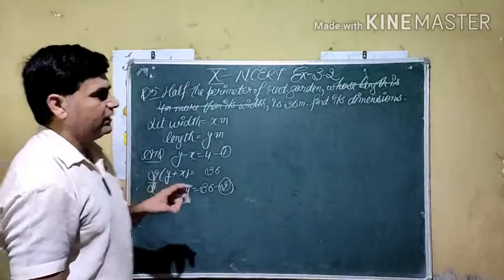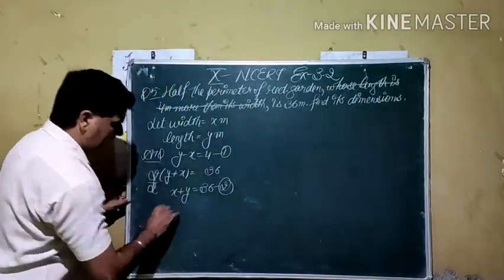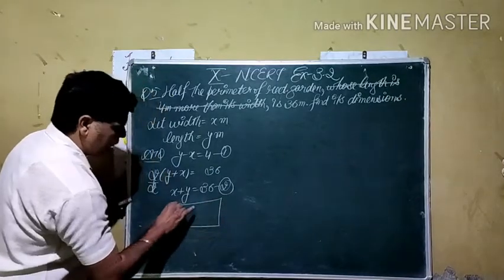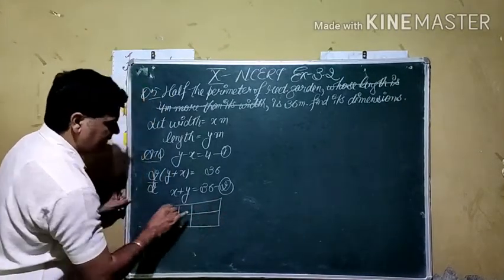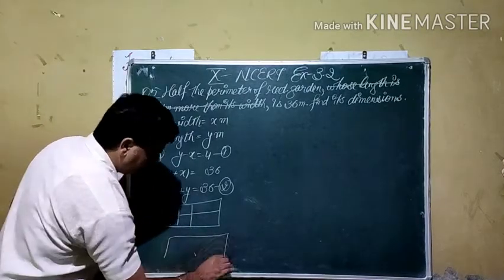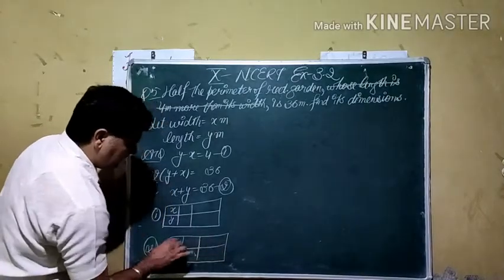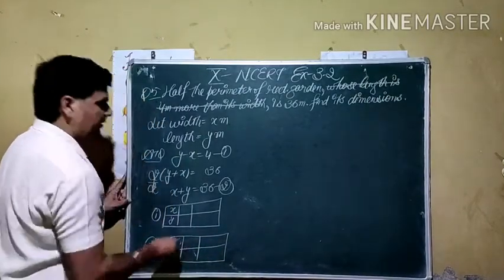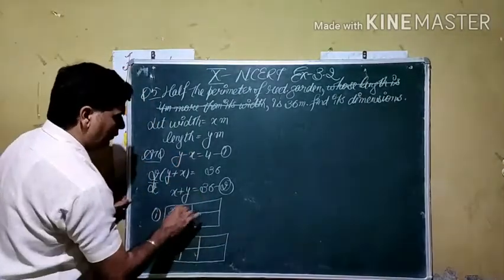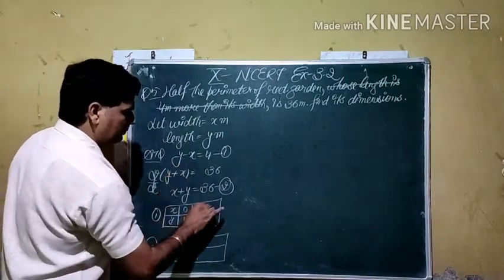We have to solve it with the help of a graph. Now to make the solution set, we need two points for each equation, for equation number 1 as well as equation number 2. First, for equation number 1, if we replace x by 0, we get y as 4. If we replace y by 0, x comes out minus 4.